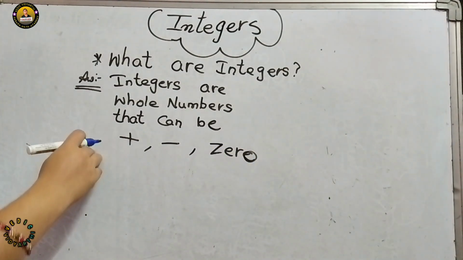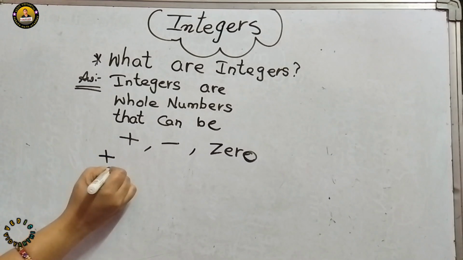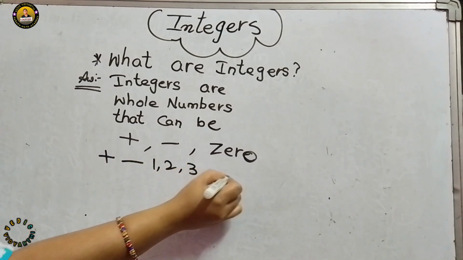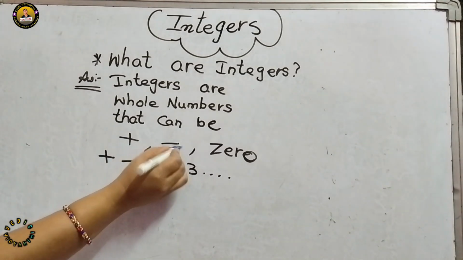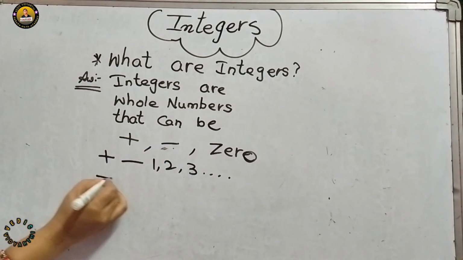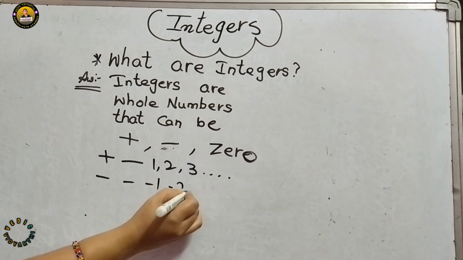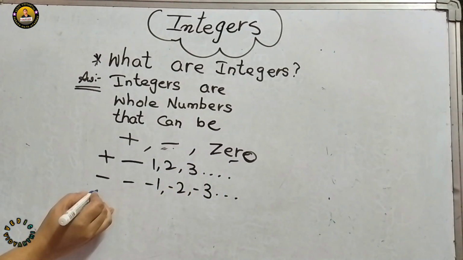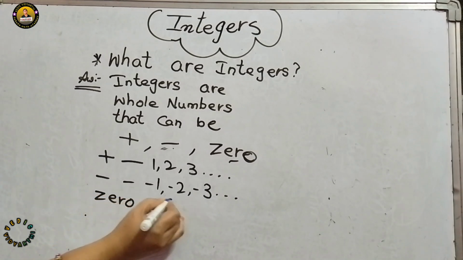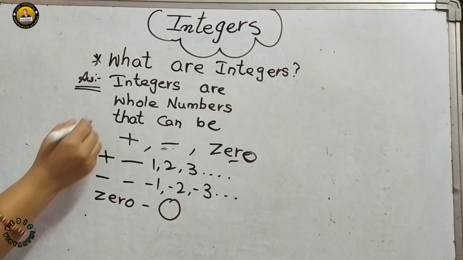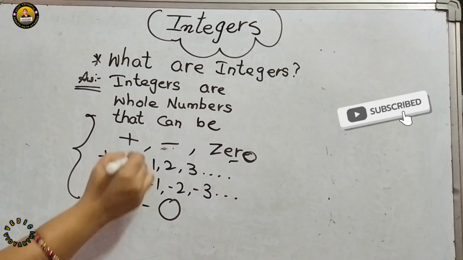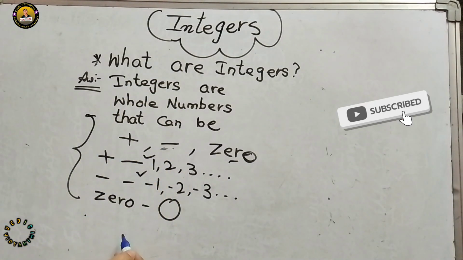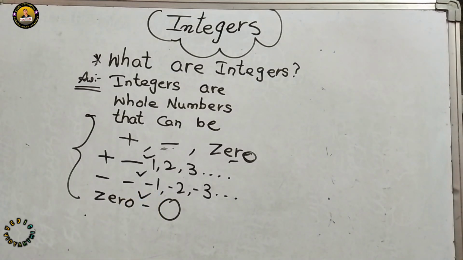Let's look into the examples. Positive, like 1, 2, 3, and so on. Negative, -1, -2, -3, and so on. We know pretty well 0. So, the integers deal with the whole numbers that can be like this: positive, negative, and it includes 0 also as well.